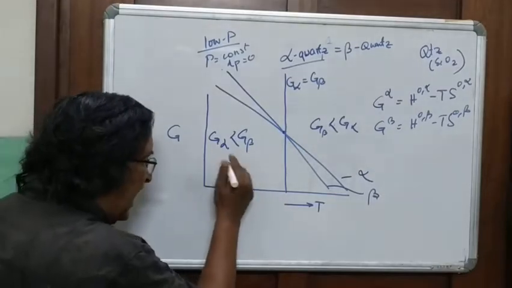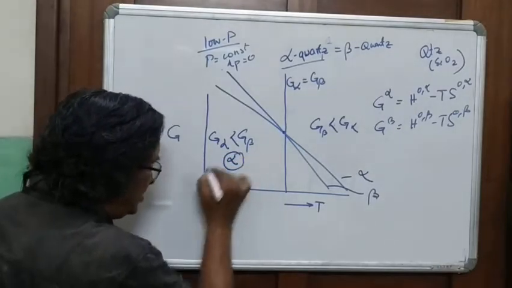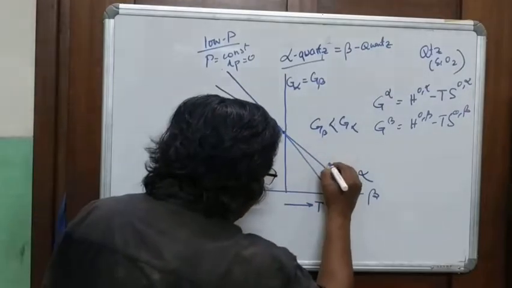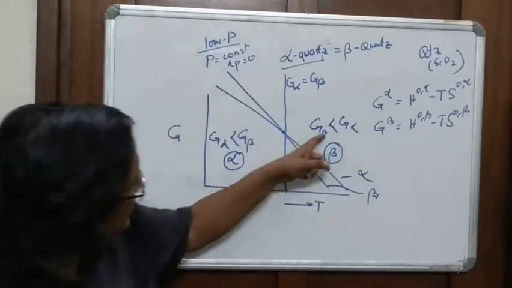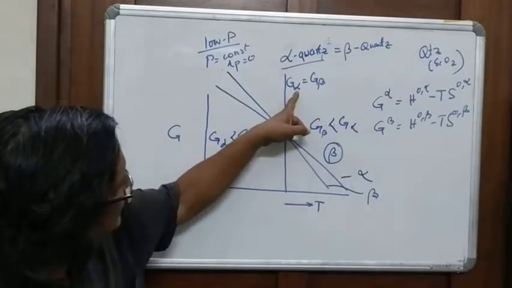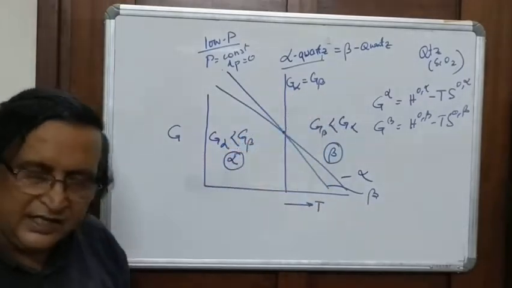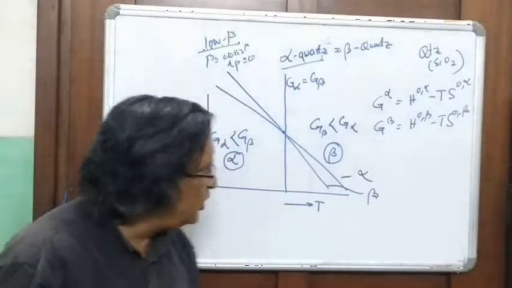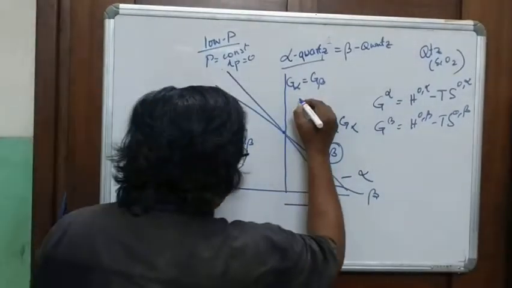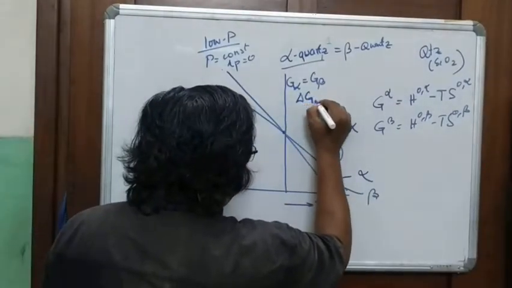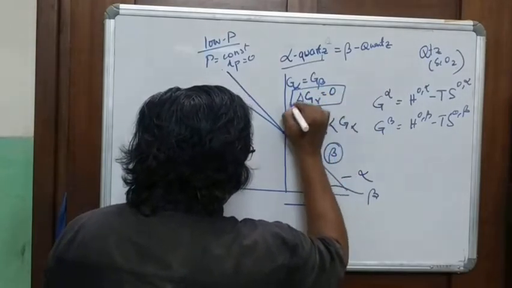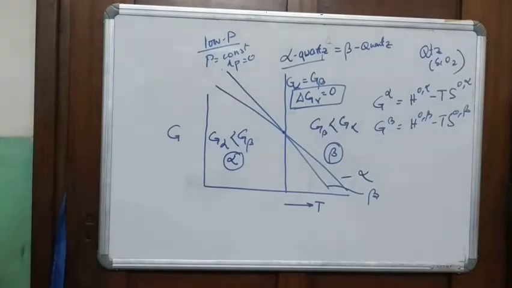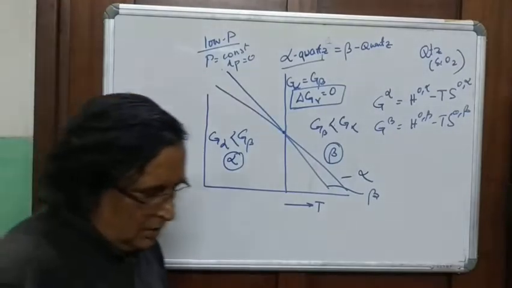So alpha would be the stable phase, whereas on this side beta would be the stable phase, because G beta is less than G alpha, and at this point G alpha is equal to G beta. I will not go deeper into it. So if this happens, then the delta G_R of the reaction is equal to 0 at equilibrium. Okay?